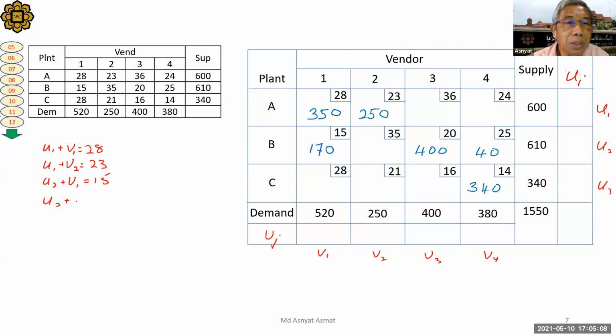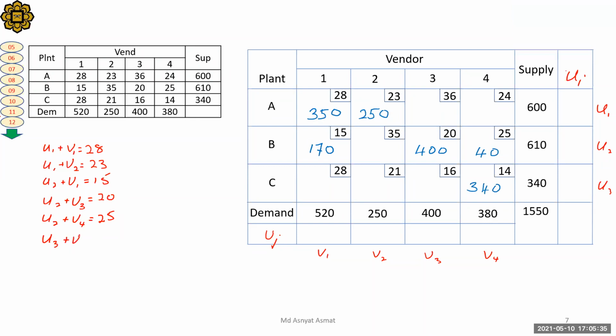U2 plus V3 equals 20. U2 plus V4 equals 25. Are you following? Yes.